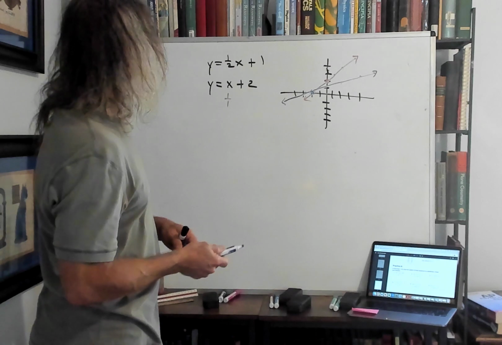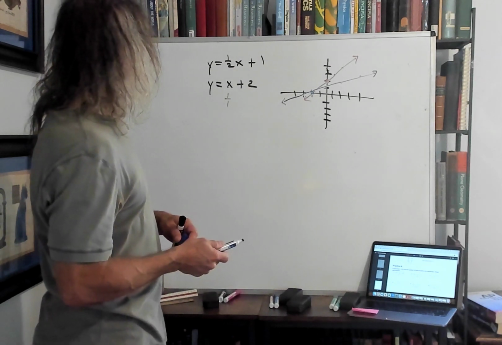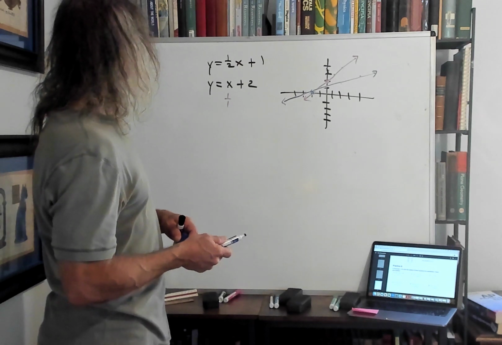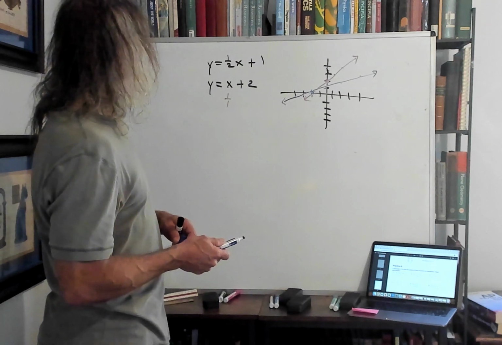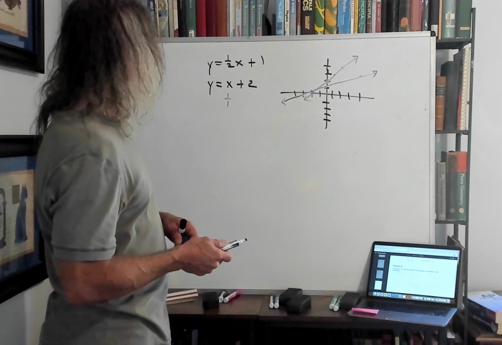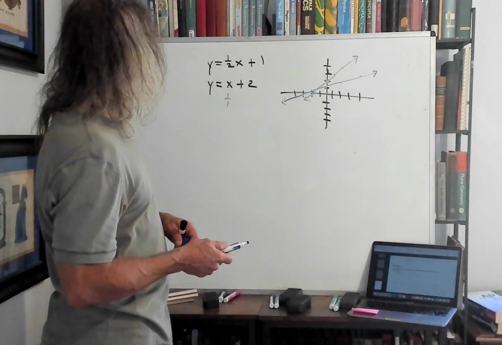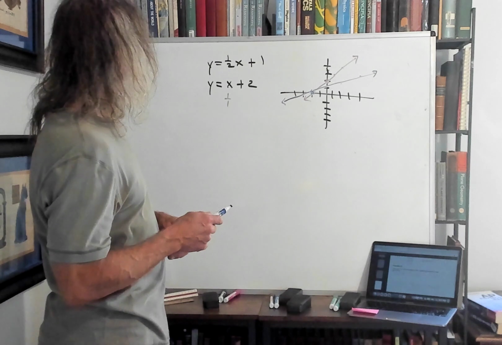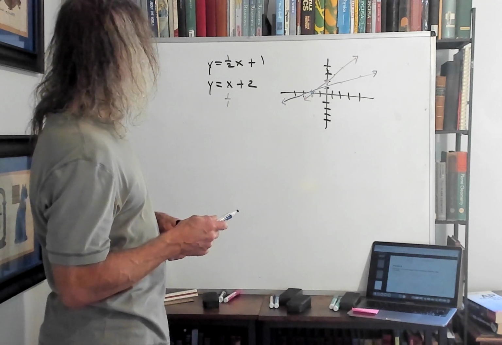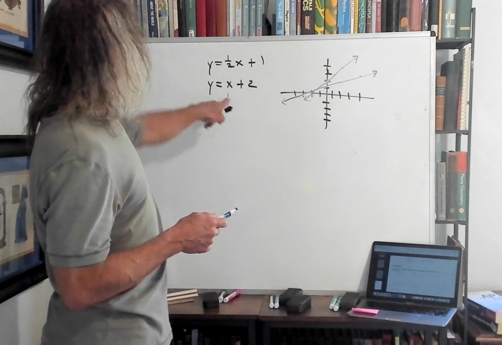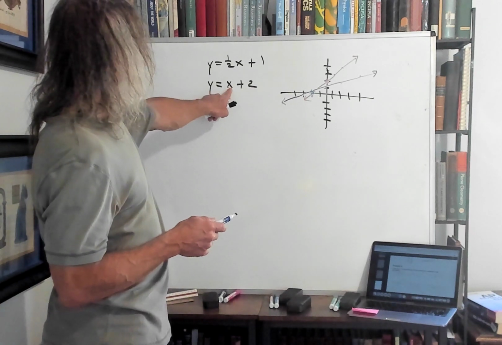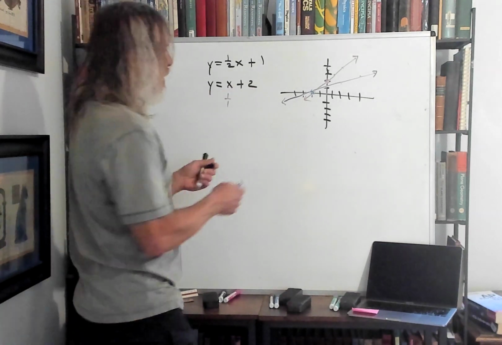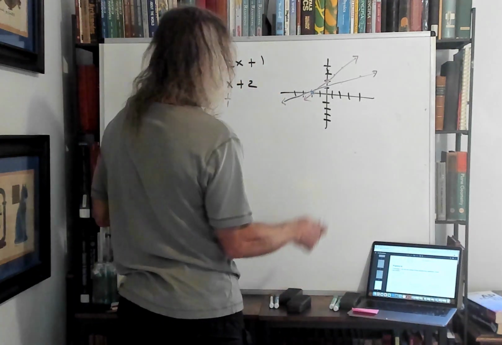So we have, rise, run, so negative 2. So cool. Our solution is (-2, 0).